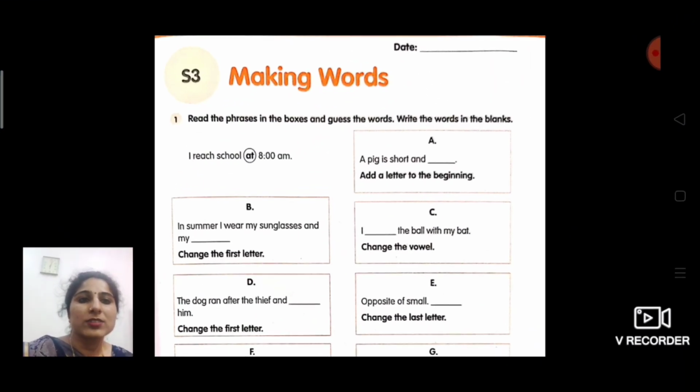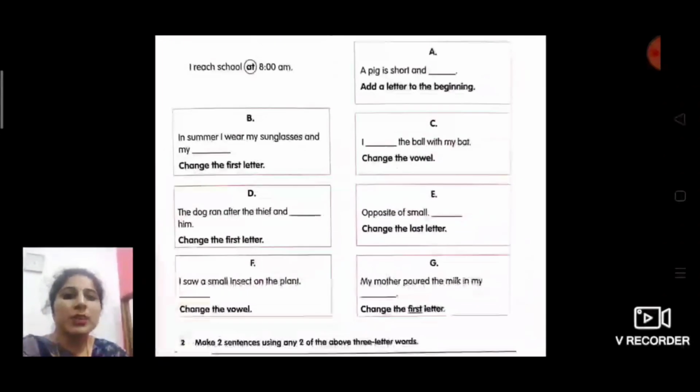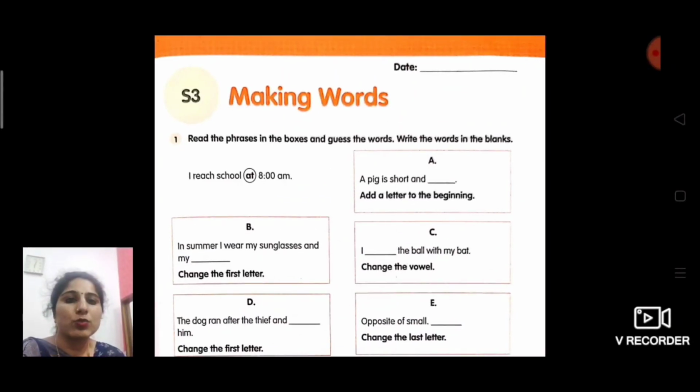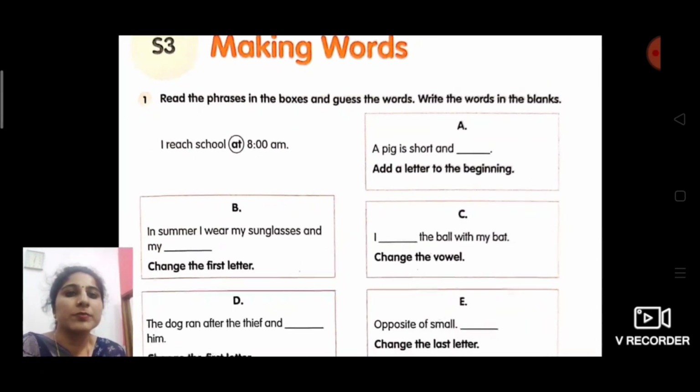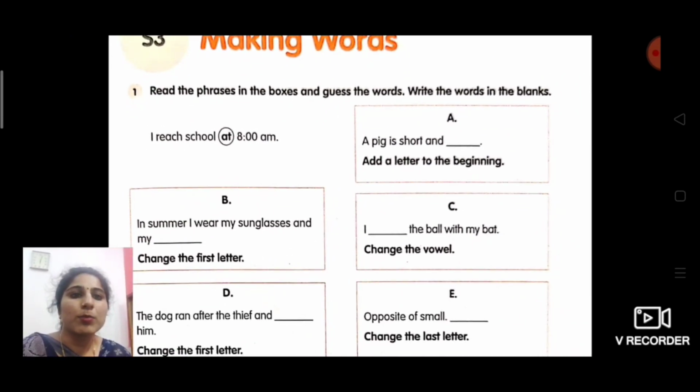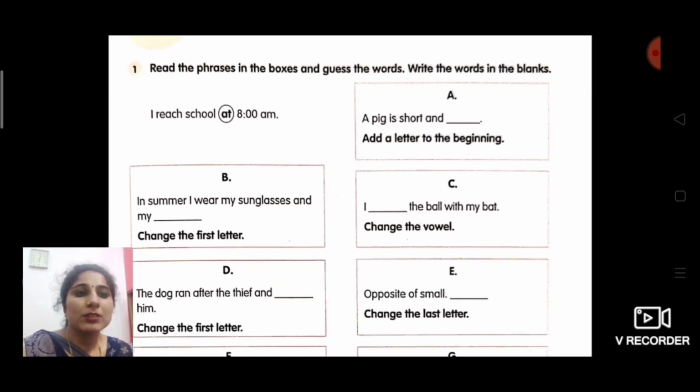Open your workbook S3, Making words, page number 13. Now look at the first question. What is written here? Read the phrases in the boxes and guess the word. Write the words in the blanks. I reach school at 8 a.m. Now moving further to the B question. A pig is short and dash.